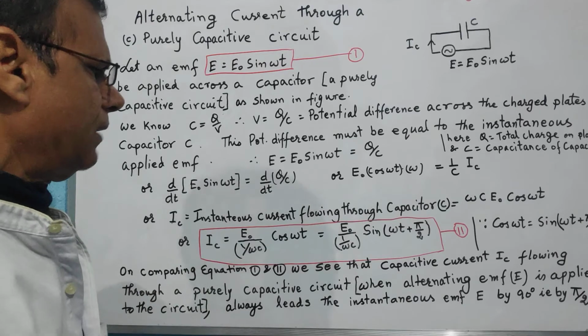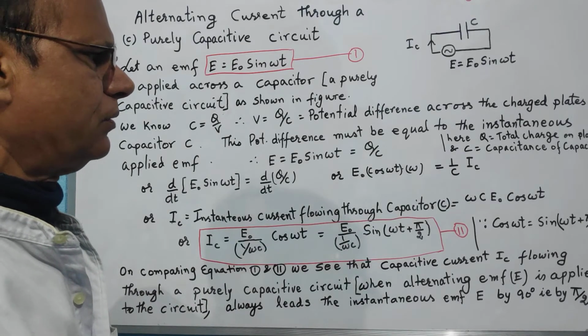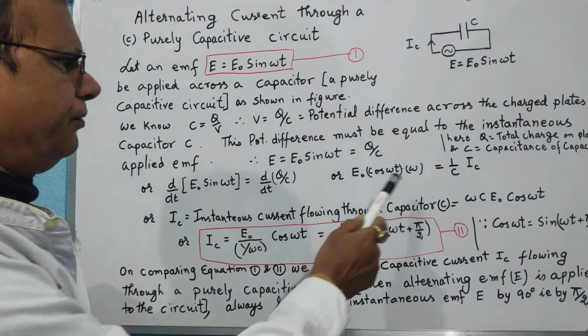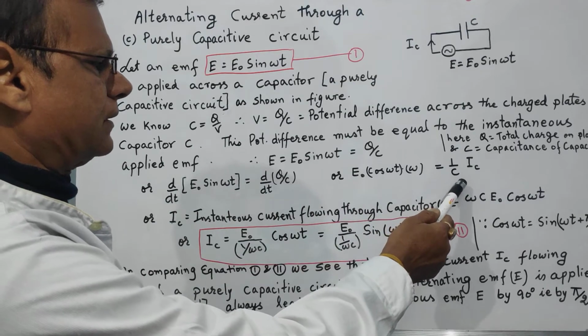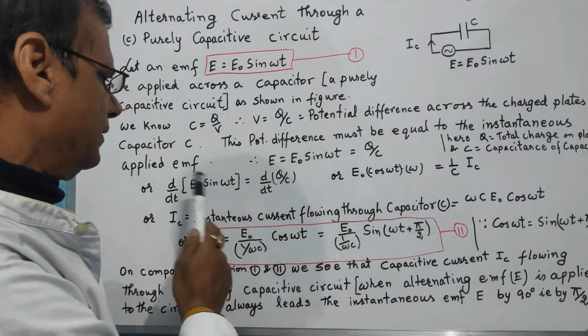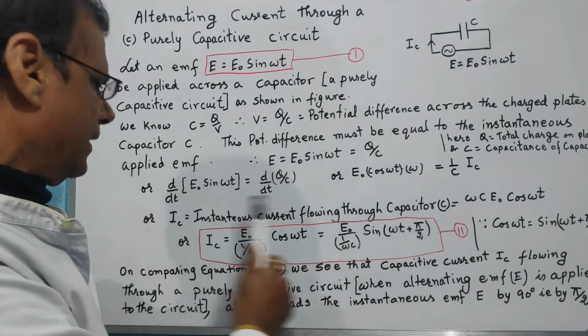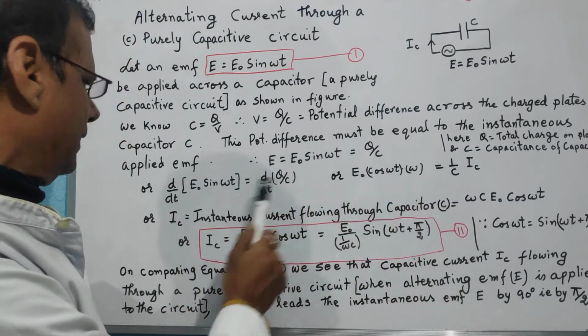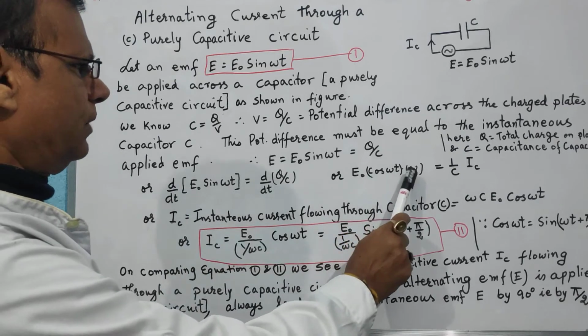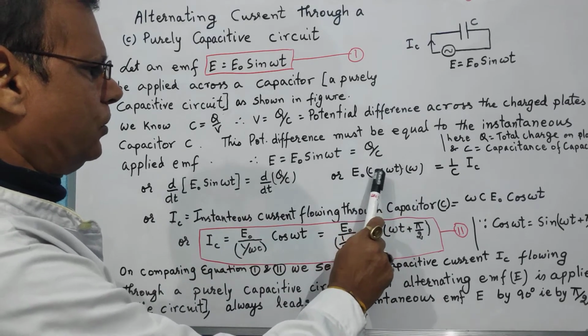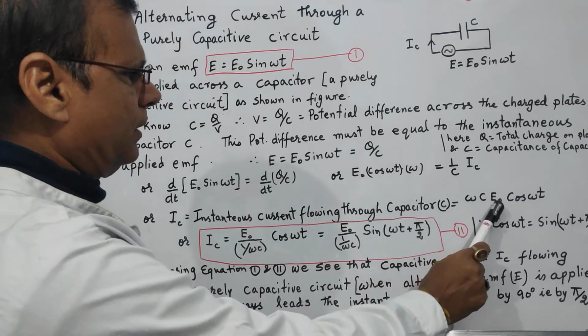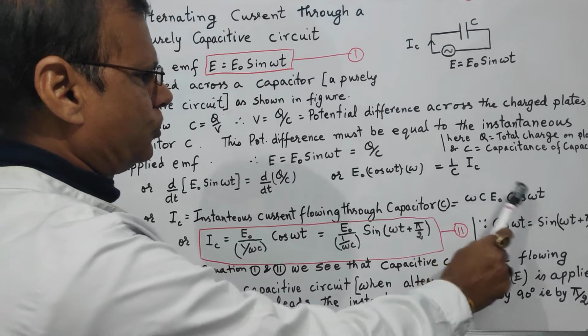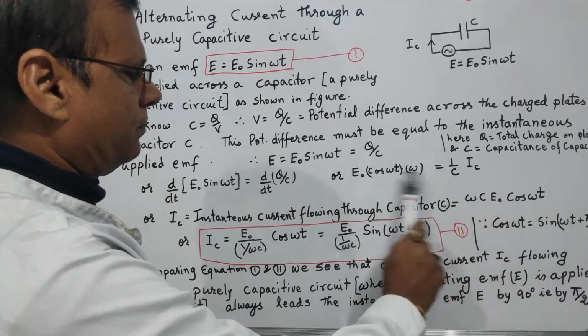This IC is the instantaneous current flowing through the capacitor. If we shift C to the opposite side, we get IC equal to omega E0 cos omega t, with C brought from the other side.